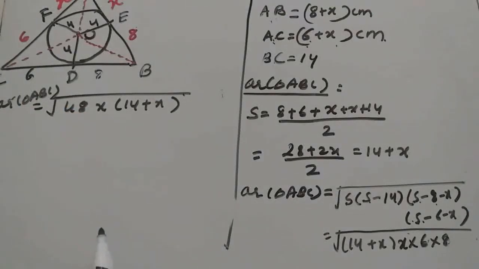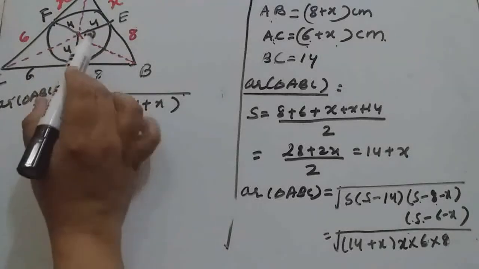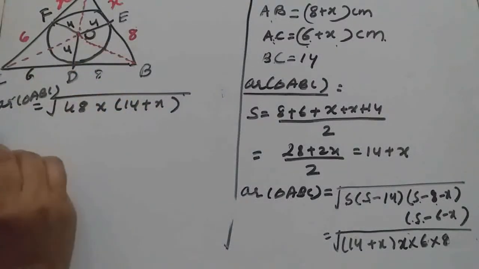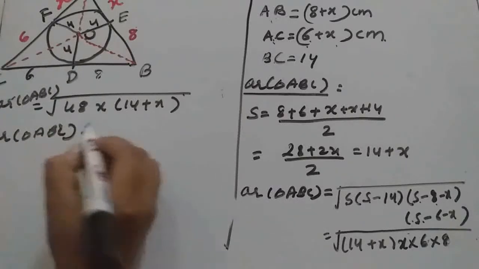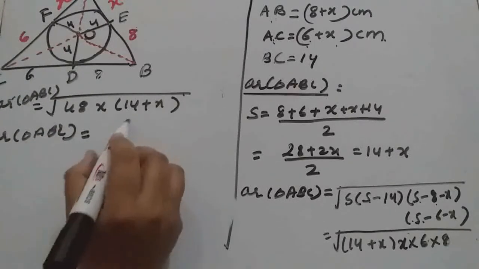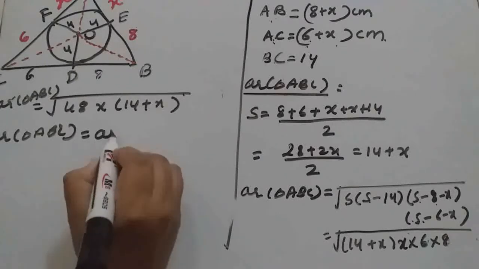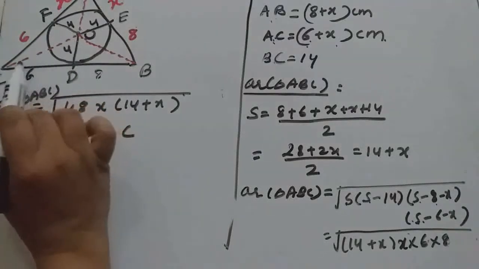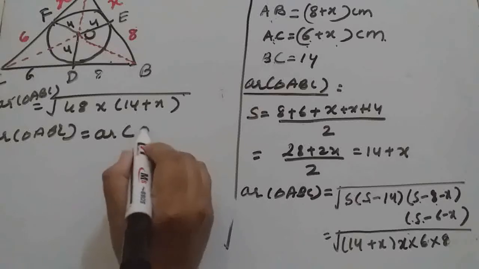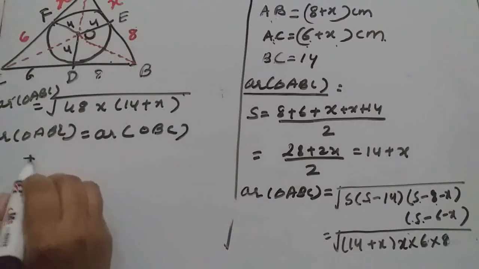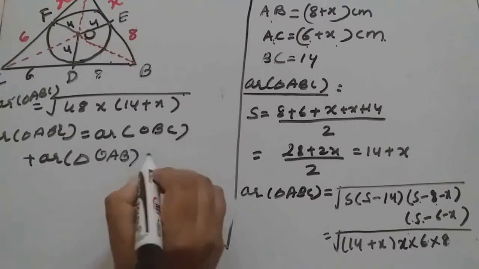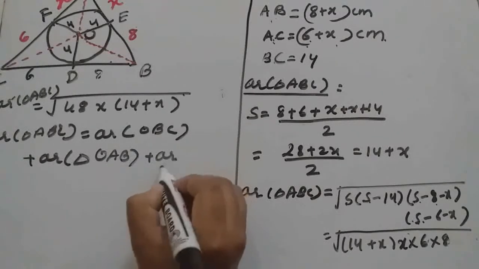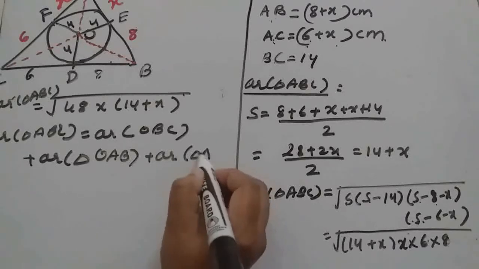Now we will find the area by adding the areas of the 3 triangles. The area of triangle ABC is the area of triangle OBC plus the area of triangle OAB plus the area of triangle OAC.